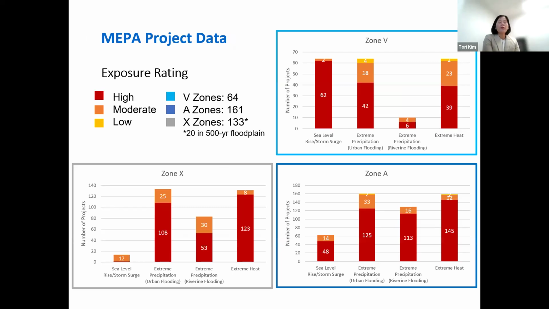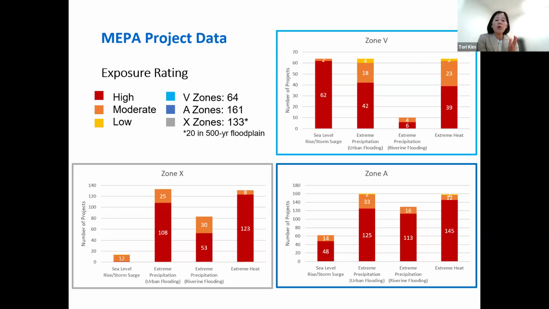So this is an overview of the exposure ratings. This is at the project level, not for a specific asset, but based on the location of the project, what is the tool saying in terms of climate risk? So all of the red bars here pertain to high risk rating that is returned from the tool. And then we've categorized it into FEMA zones.